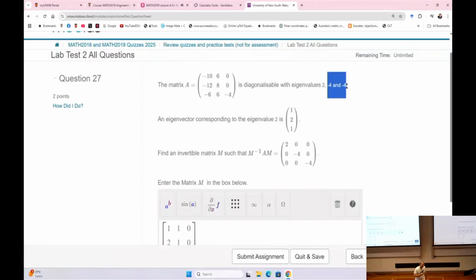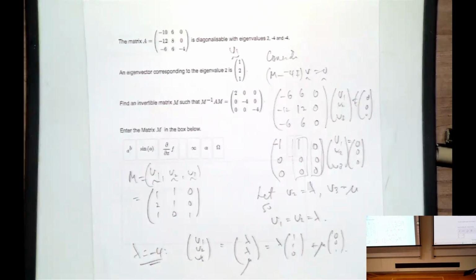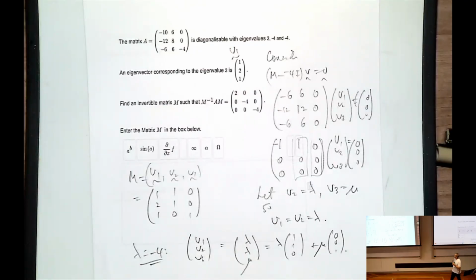Okay, so how did I do that one? There's only one set of equations to consider, and they're all the same except for one row.